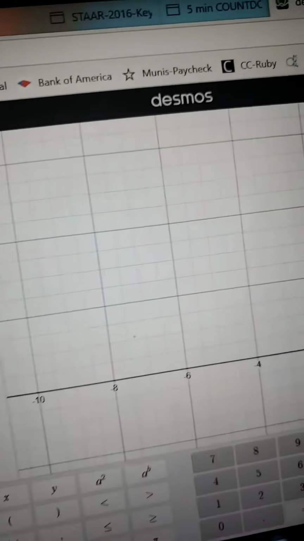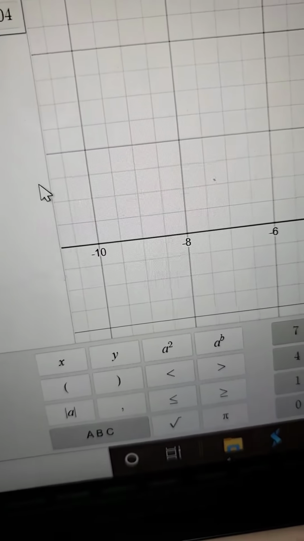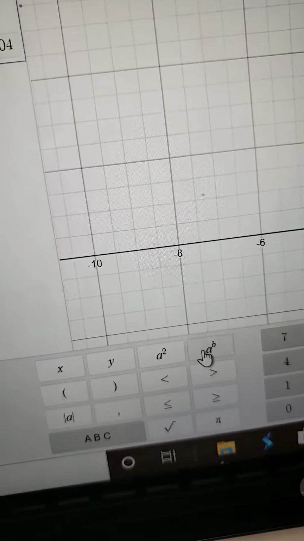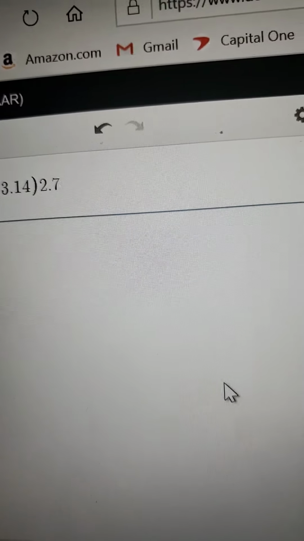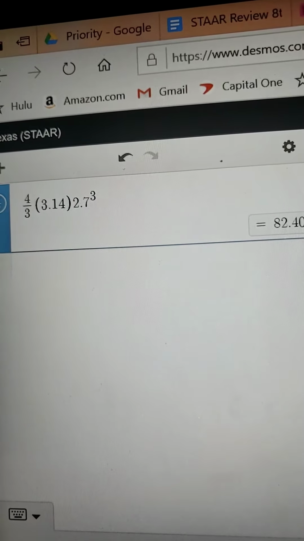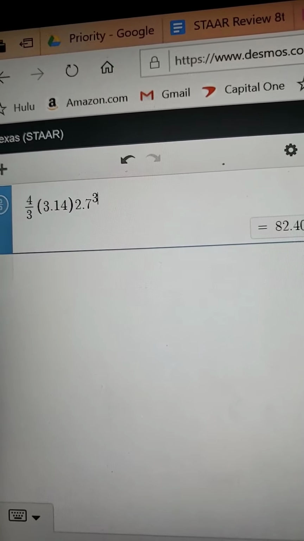And I need to cube it, so I'm going to go down here where it says a to the b power, and I'm just going to add a 3. Okay? 4 over 3 pi r cubed.